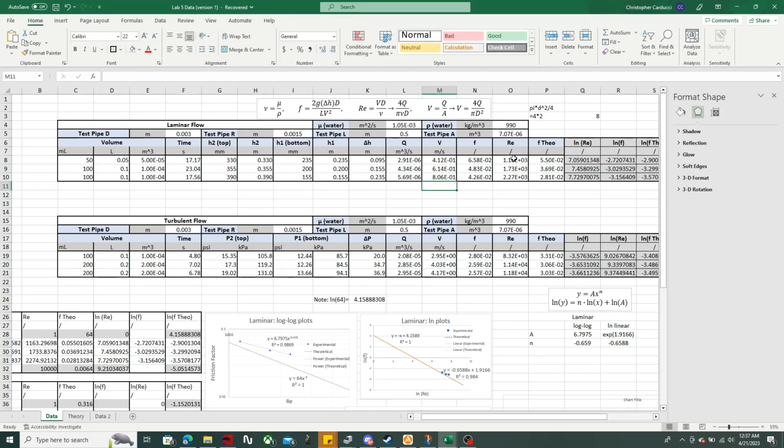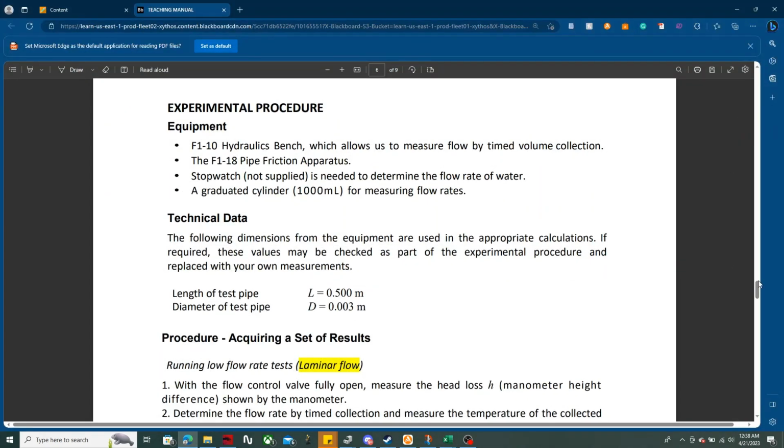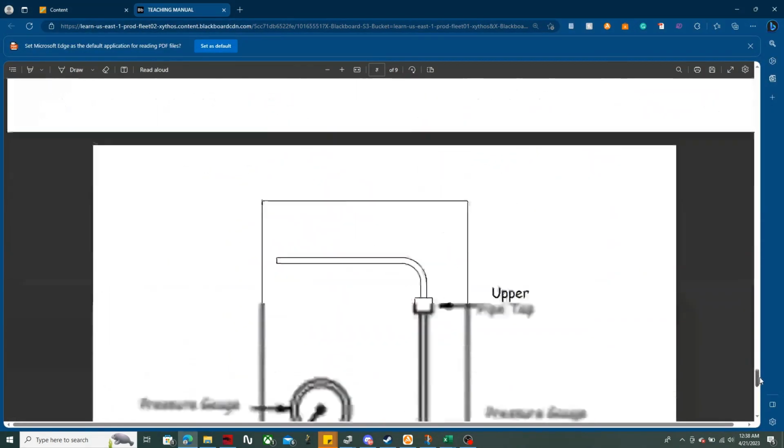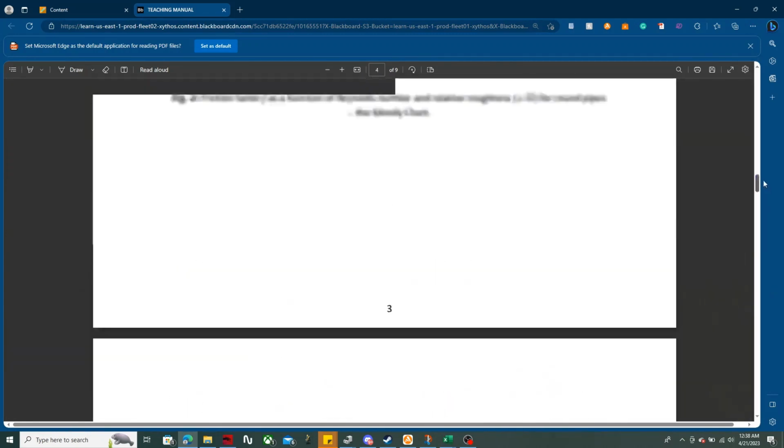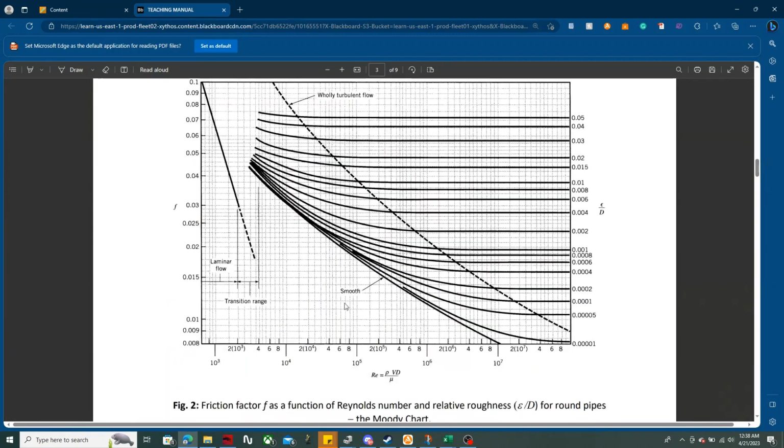So, something I'm already noticing here is our Reynolds number is about 1,000 to 2,000. If we look at our Moody chart, where is it? Here it is. 1,000 to 2,000, we're getting dangerously close to this transition regime, right?